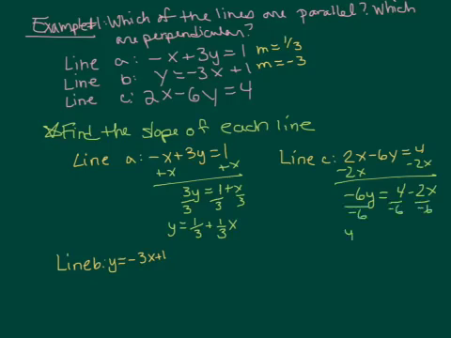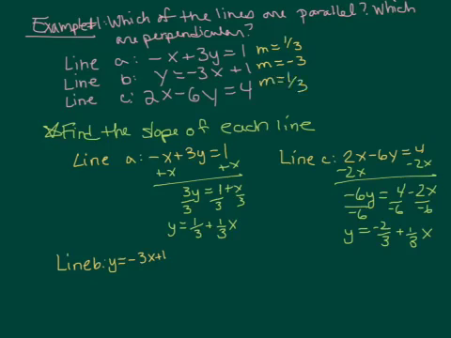You end up getting y equals -2/3... Minus over minus is going to become positive. 2/6 is the same as 1/3. Make sure that you're okay with the fractions here. In this case, it's really, really important that you know those fractions. So this one also has a slope of 1/3.